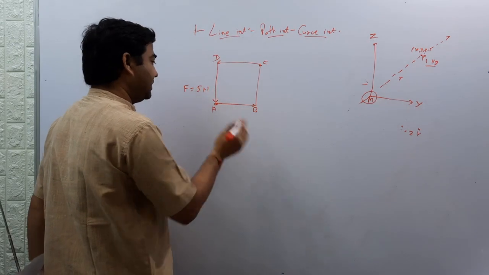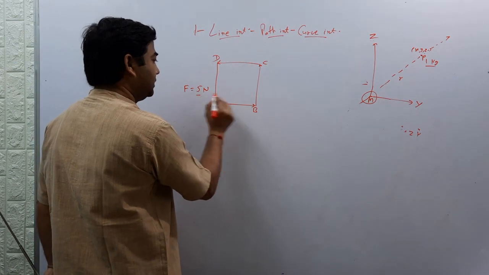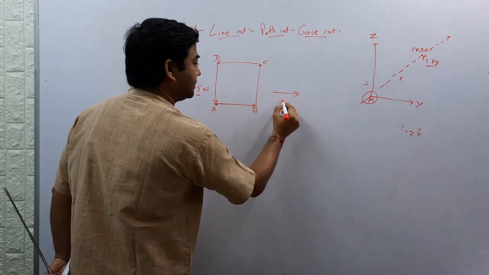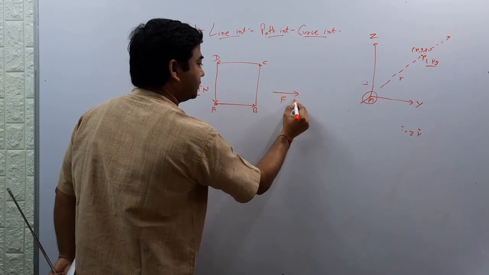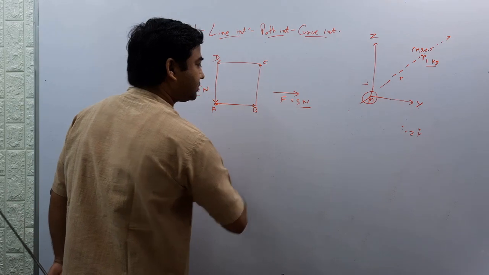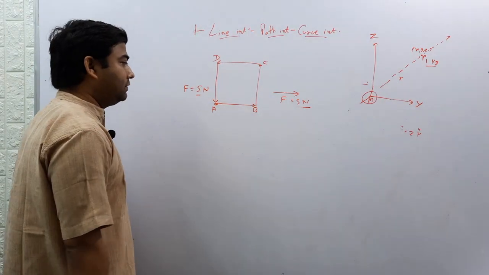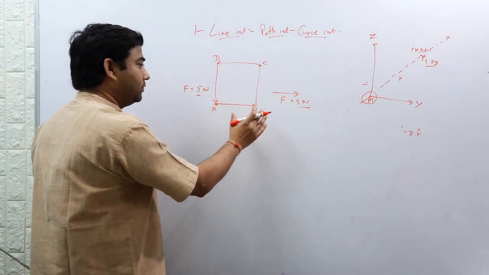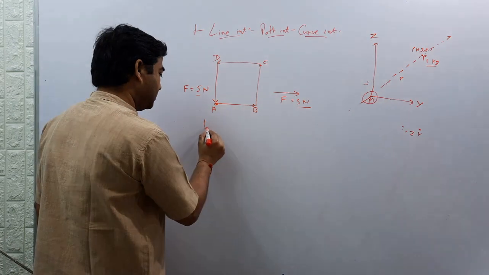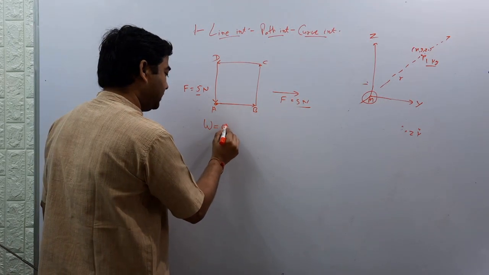Just assume 5 Newton along this direction. So now we will find the work done, which is F dot d.